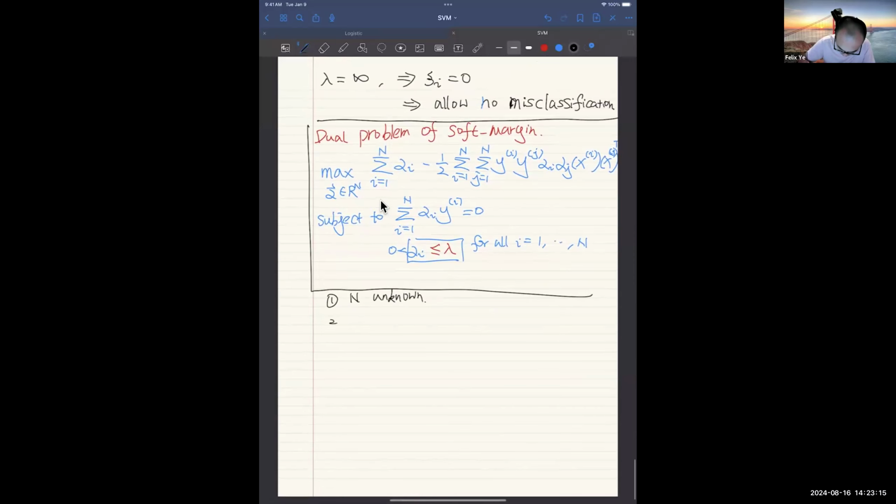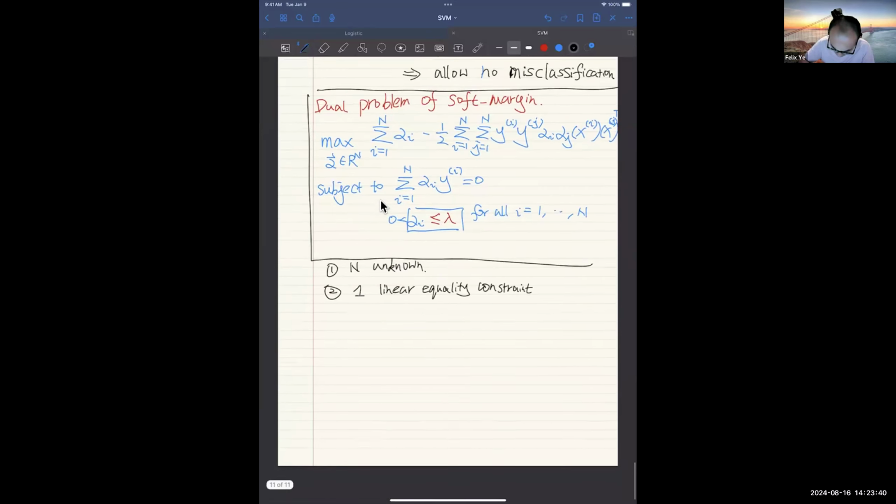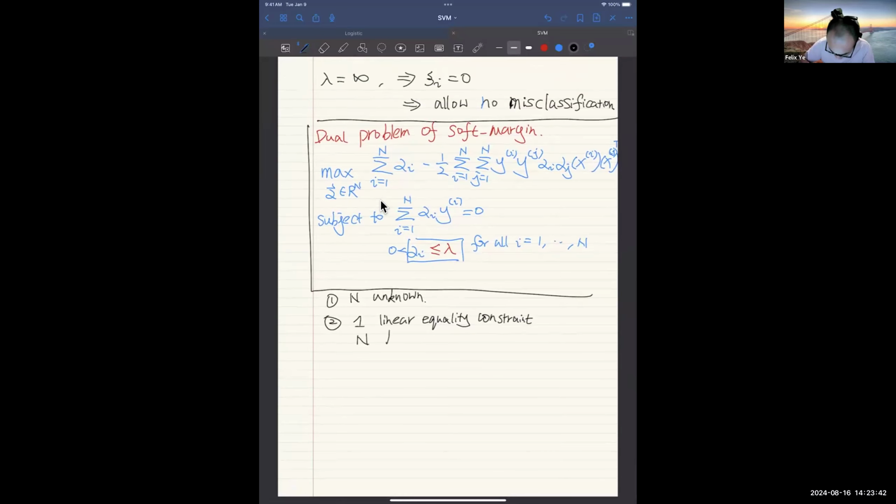And we have one linear equality constraint, and this can be very easily removed. And we have n box constraints.